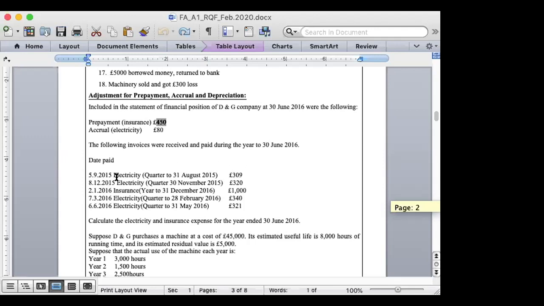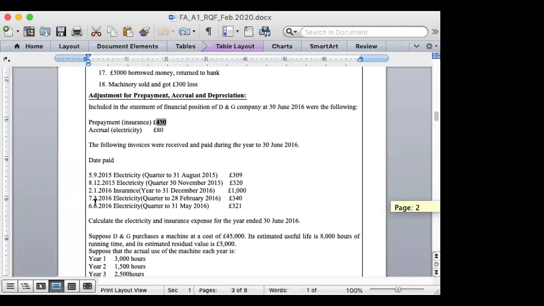8th of December, electricity. So which means electricity due. All right. So these amounts are due. So on 8th of December 2015, electricity due, which is to November 2015, was 320. 2nd of February, insurance, December 2016 was 1,000. 7th of March, electricity, which is quarter to 28th February 2016, 340.